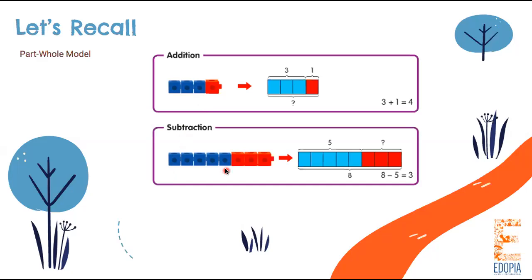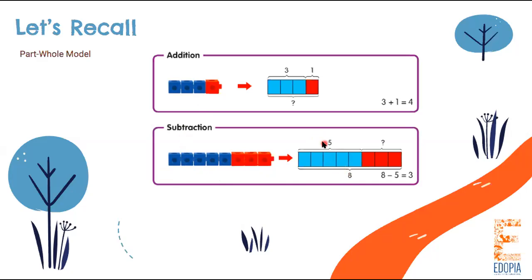If we know the value of the blue cubes as 5, we can even count that 1, 2, 3, 4, 5. And we knew that the total length of the rod of cubes is 8. 1, 2, 3, 4, 5, 6, 7, 8. Then in order to find out the number of red cubes, we can simply subtract 5 from 8.